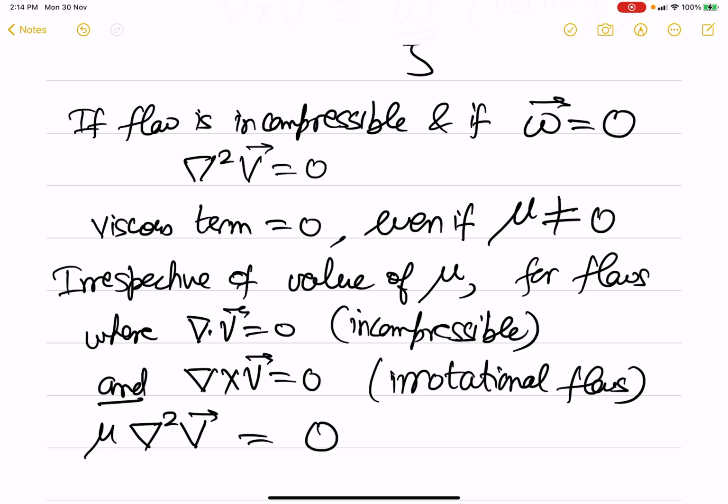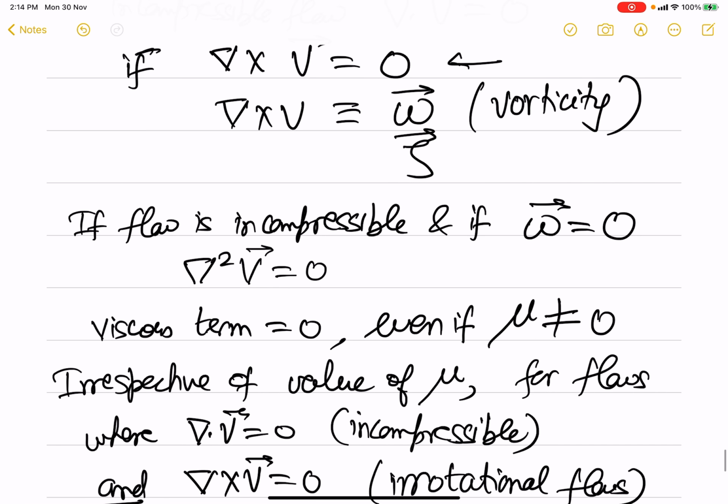And we will look at the effects and implications of this in the next class.